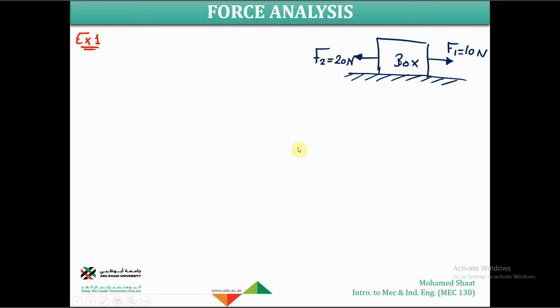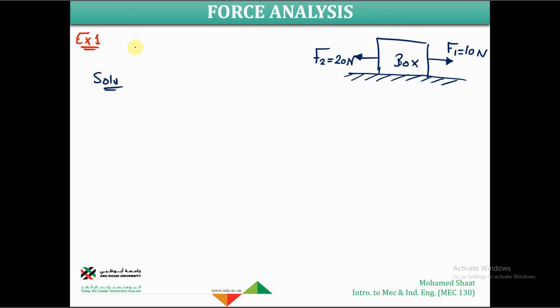So if I ask you, forget about physics, mathematics, engineering, anything, in which direction is this box going to move? Definitely it is going to move to the left. Why to the left? Because this force is bigger than this one. To know this and to express this in terms of mathematics and equations, we need to solve.